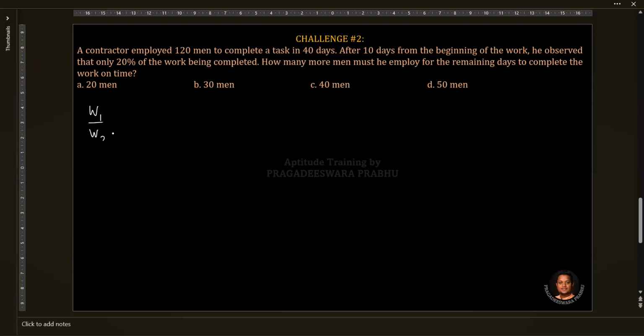W1 by W2 equal to R1 into T1 divided by R2 into T2. Now here W1 is the quantity of work completed in the first scenario. That is W1, R1 and T1 are before inspection.